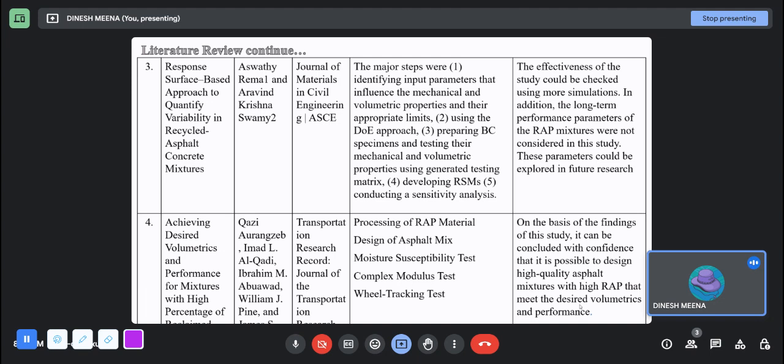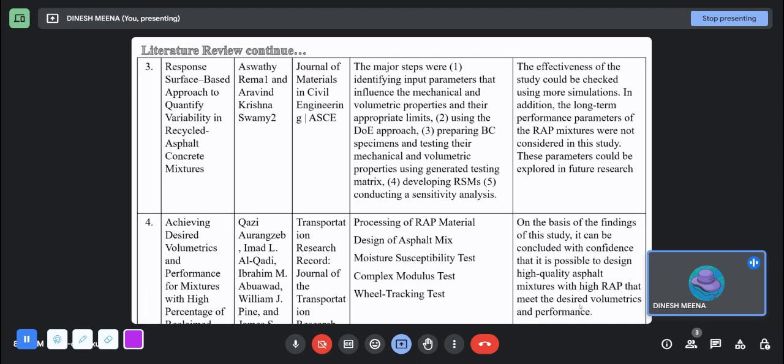In this, the effectiveness of the study could be checked using more simulations. In addition, the long-term performance parameters of the RAP mixture were not considered in this study. These parameters could be explored in future research.